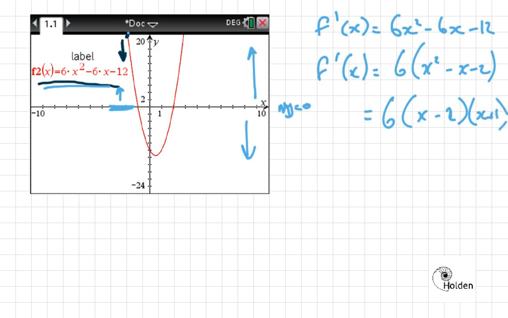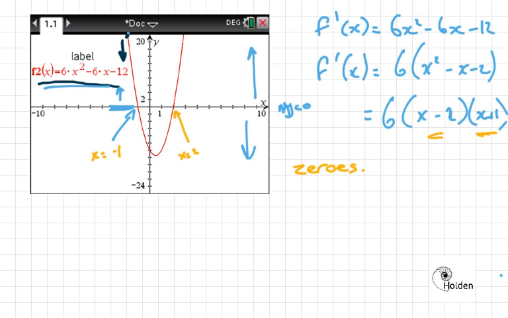If we're lucky, the solutions should match those points: x is -1 and x equals 2. So if we factorize the derivative function, we should be able to find the zeros, which are the points at which the gradient switches between positive and negative.